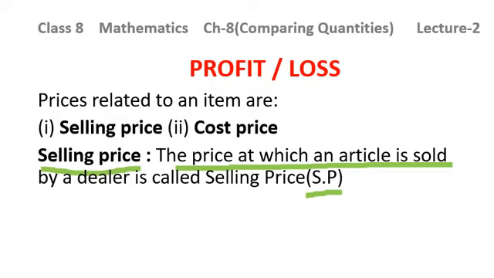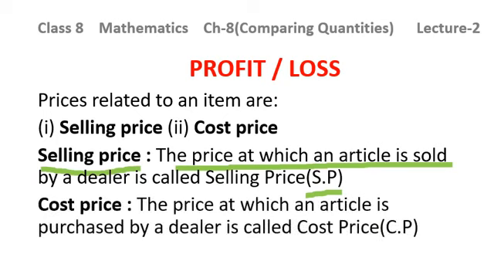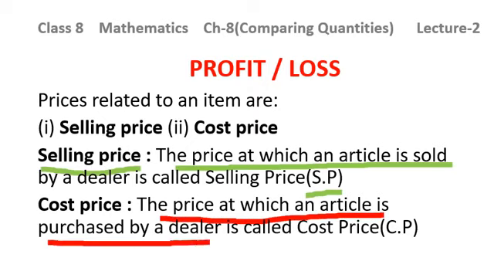Next we will talk about cost price. What do you mean by cost price? As the name indicates, the price at which an article is purchased by a dealer is called its cost price, or CP. So the two prices related to an item are selling price and cost price.